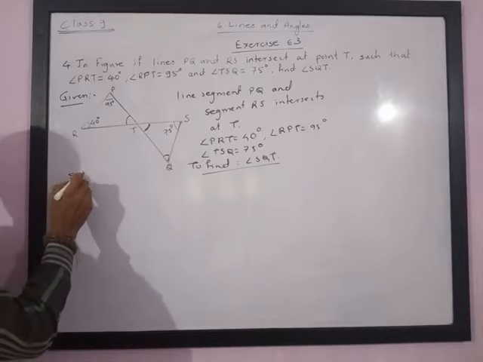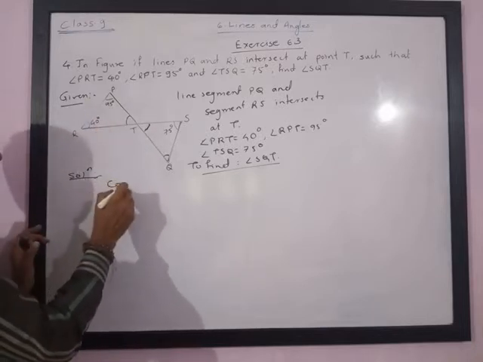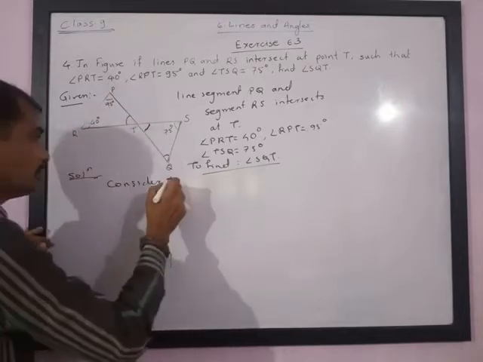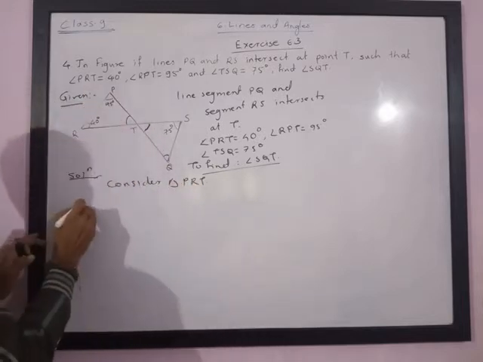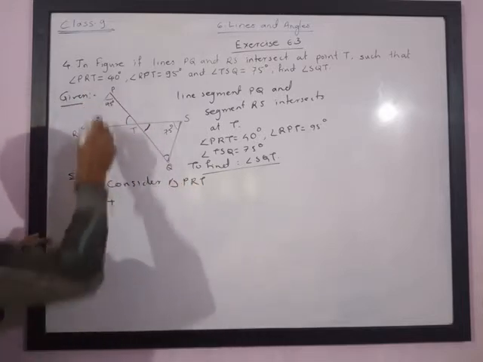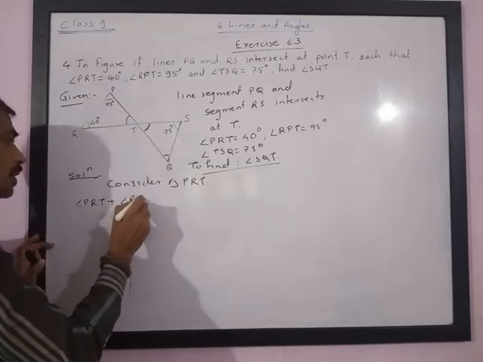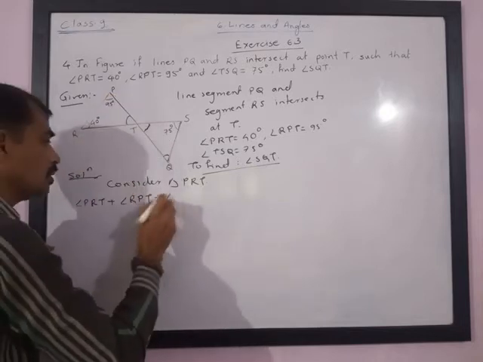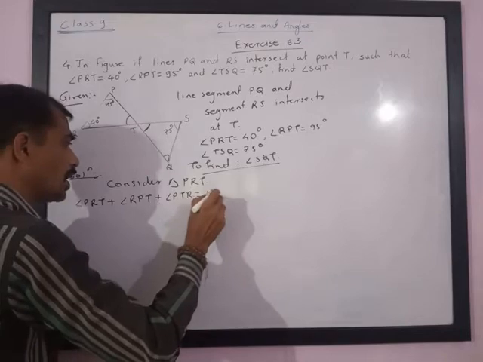So here we have to consider triangle PRT. In this, angle PRT plus angle RPT plus angle PTR is equal to 180 degrees.